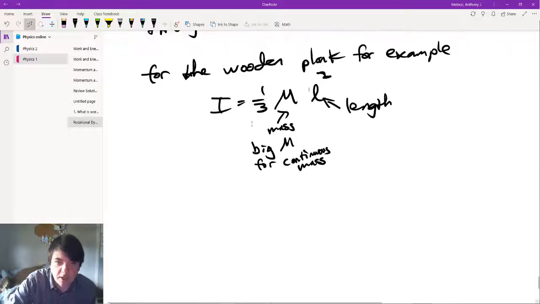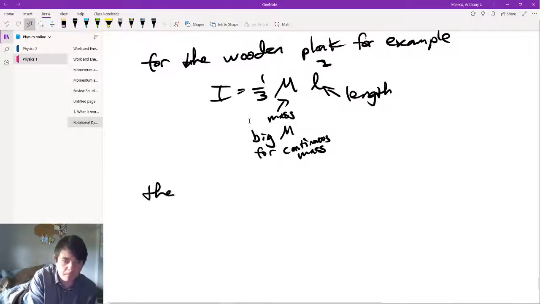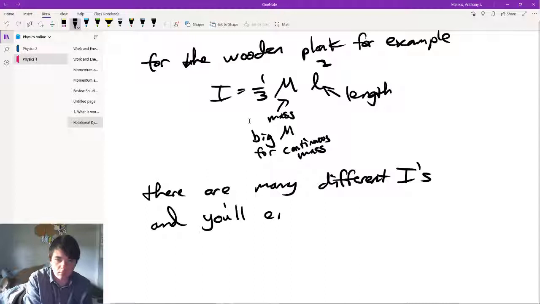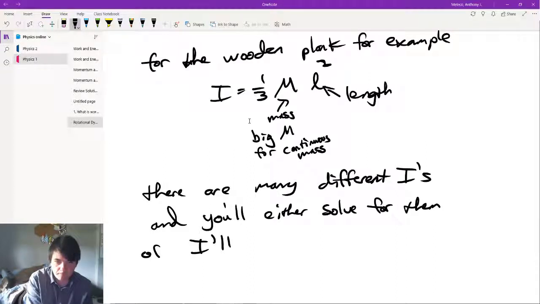So there are many different I's, and you'll either solve for them or I'll give them normally, okay?